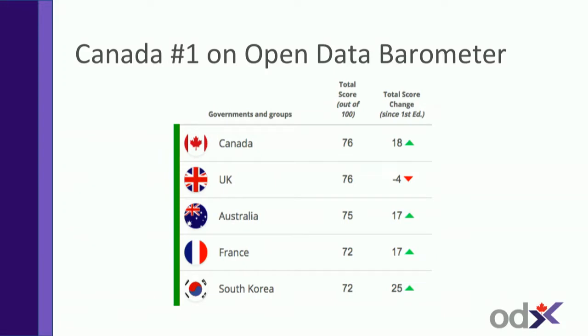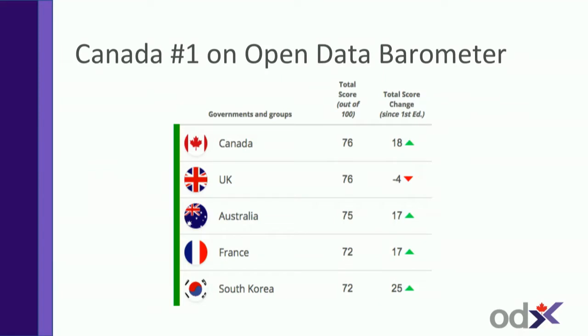It's been running for a number of years. The UK has, I think, almost every year been number 1. They've been a leader in terms of the open data movement around the world. But the recent results just came out a few weeks ago, and Canada actually tied with the UK for the top spot.